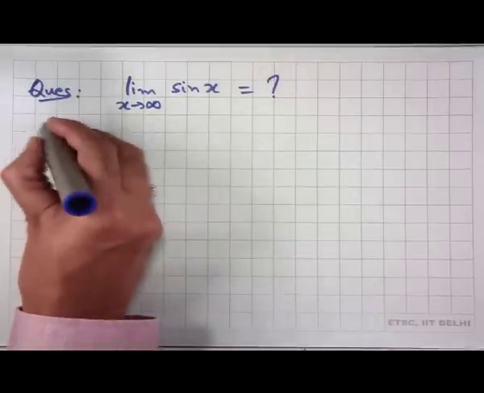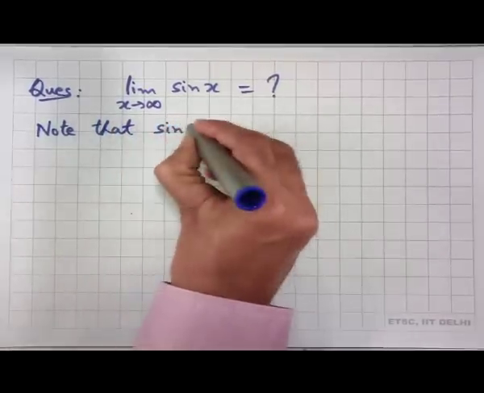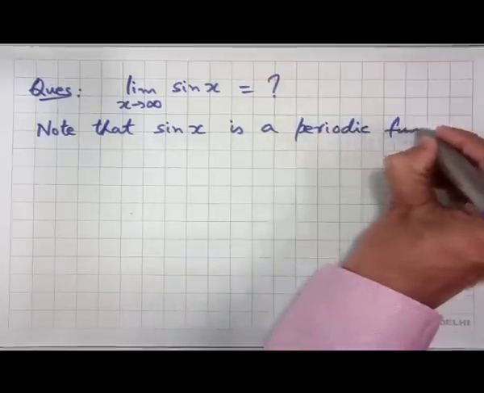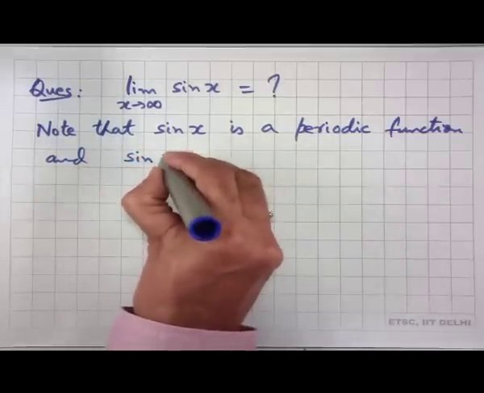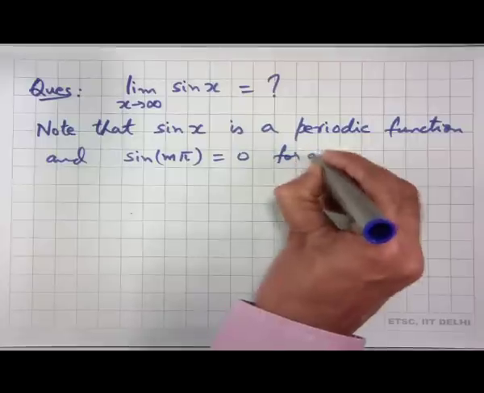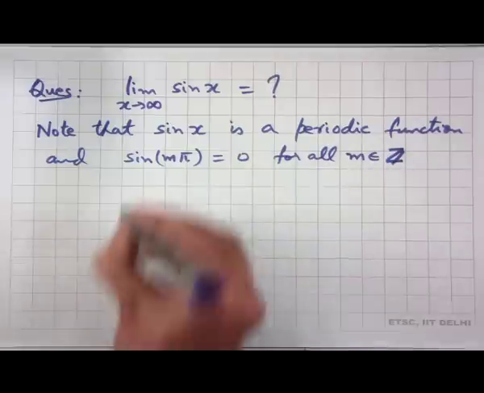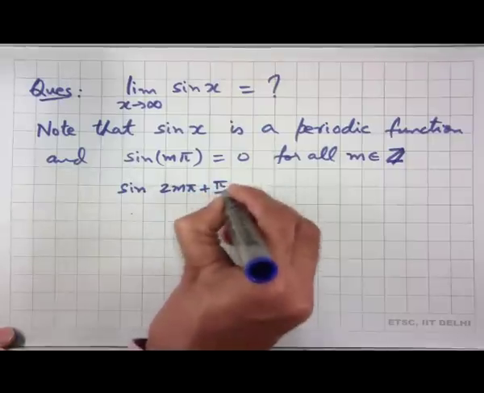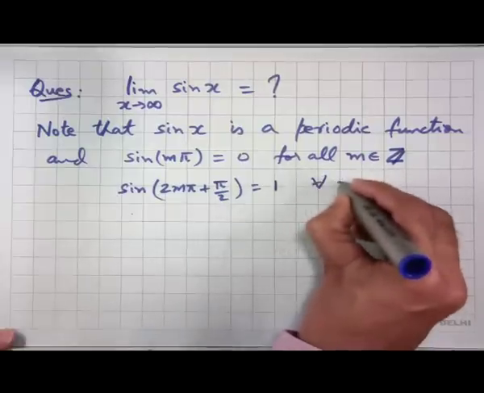So, recall that sine of x is a periodic function, and sine of any m pi is equal to 0 for all integer m, and sine of any 2m pi plus pi by 2 is equal to 1 again for all integer m.